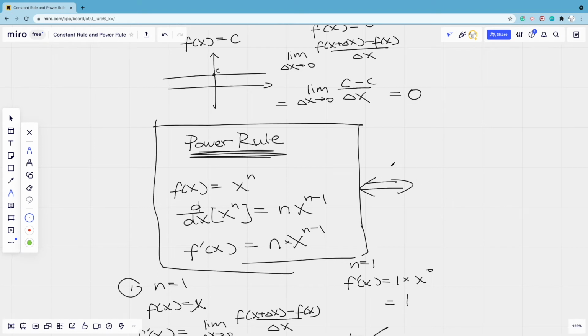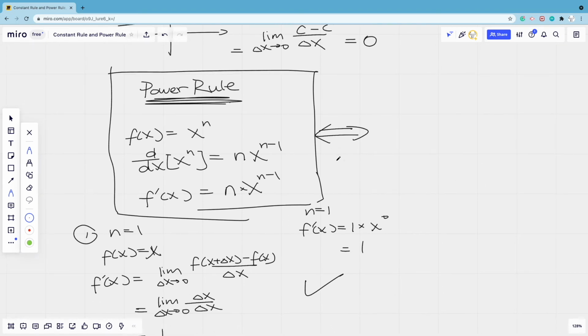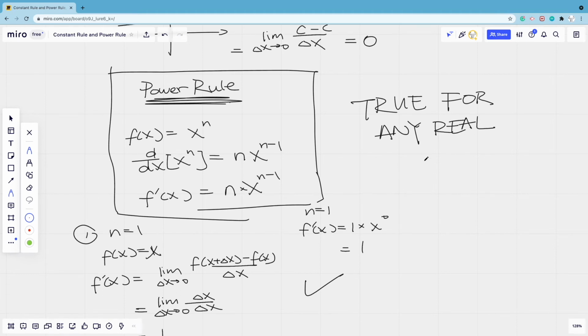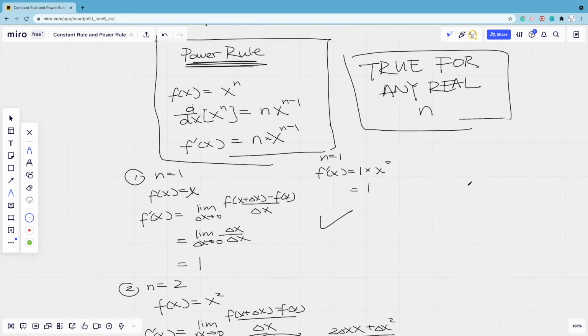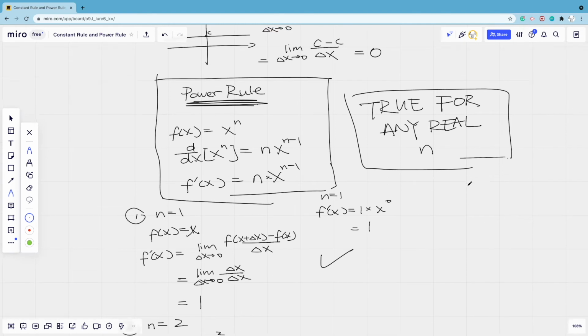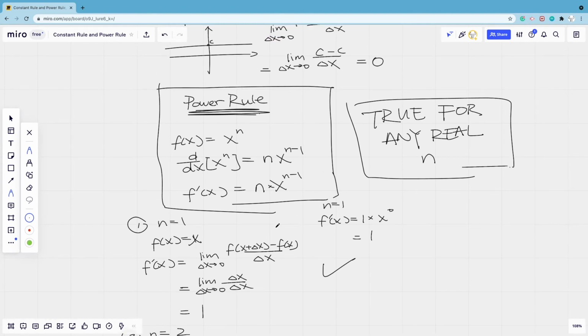This is true for any real n. It doesn't care if it's positive, negative, rational, or irrational. This power rule will always be true, which is hence why it is so powerful.